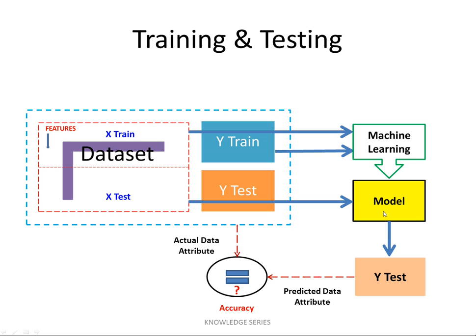But in the model, we give only the x input, that is the x test data, as input, and we try to see what the model is going to produce. The output of the model is y dash. As I told you earlier, y dash is the output.